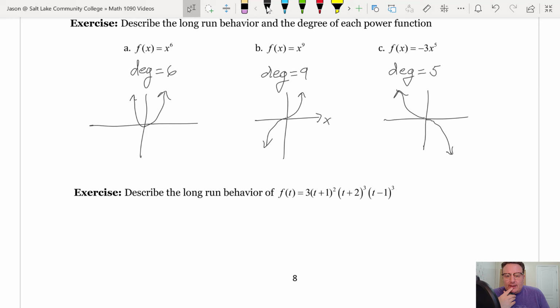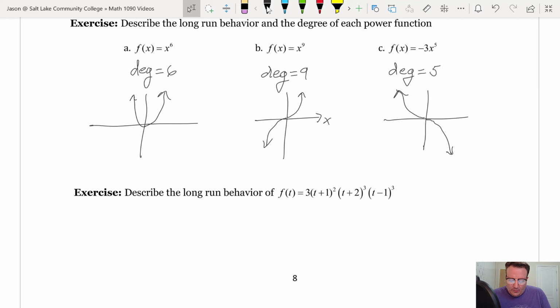Why is this? It's simply because the highest degree term is going to grow much faster than all of the smaller power terms in the polynomial.